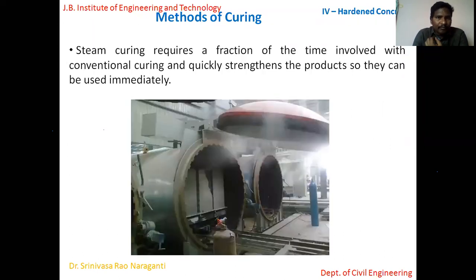Look here at the steam curing: these are chambers, and we have different types of chambers. These are concrete elements for fabricated structures. You put the element inside the chamber and apply the curing quickly. This is as good as your accelerated curing test, where you apply high temperature to accelerate the curing process.